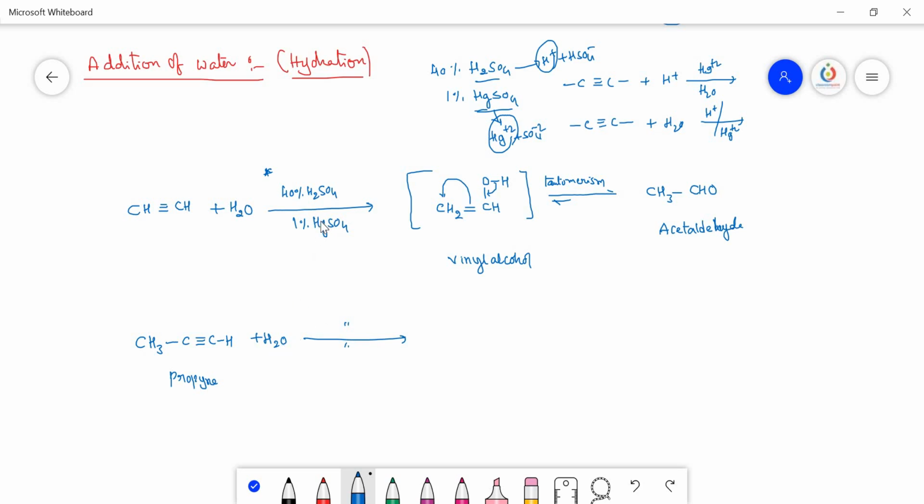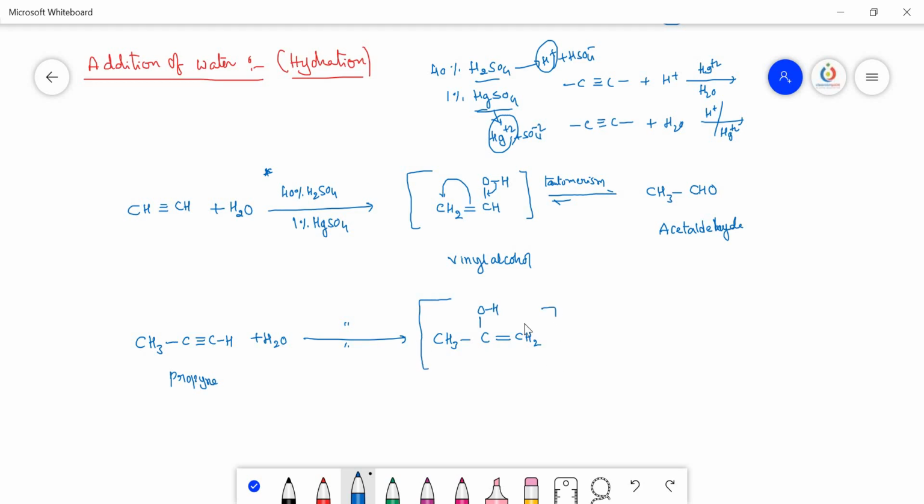Hg plus 2 is the catalyst, not the H2SO4. You must remember that. Okay. So here this is an unsymmetrical alkyne and an unsymmetrical reagent. So H plus will be added to the unsaturated carbon with more number of hydrogens. So here what we will get is CH3 C double bond CH2. So the OH part will be added here.